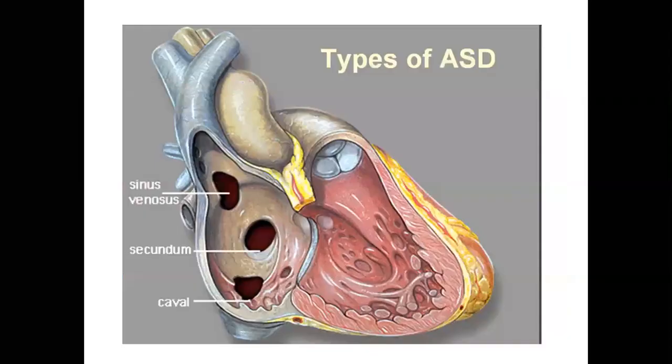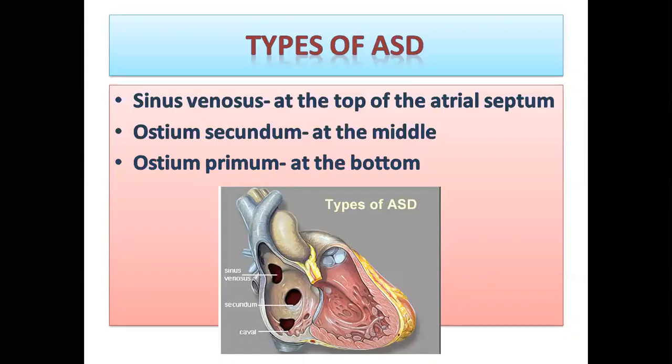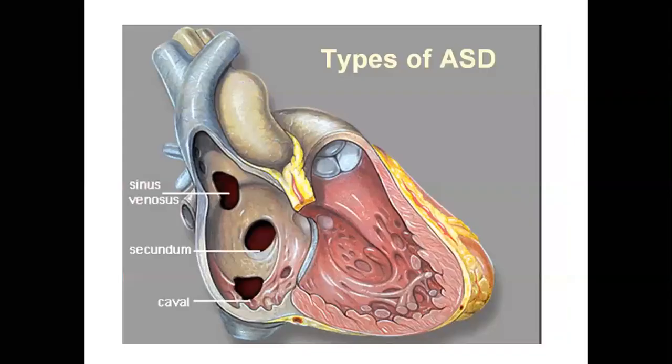Next we are seeing the ostium primum, at the bottom, at the caval area, present between the right and left atrium. So sinus venosus is the first one, present at the top of the atrial septum.